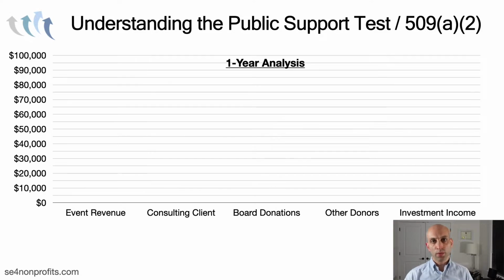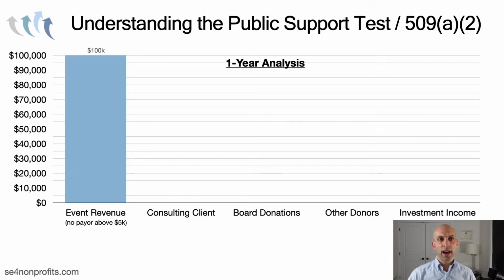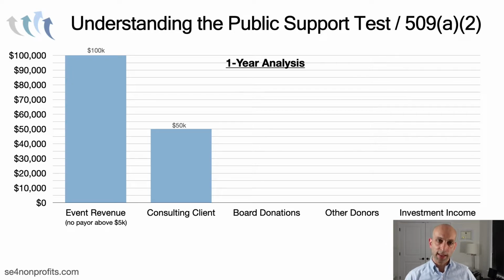Okay, let's walk through an example and see how all these rules look in practice. So with this organization that we're looking at, let's assume that they have $100,000 in the year from event revenue. This organization also has revenue from consulting that it does, and this one client has paid $50,000 over the course of a year.